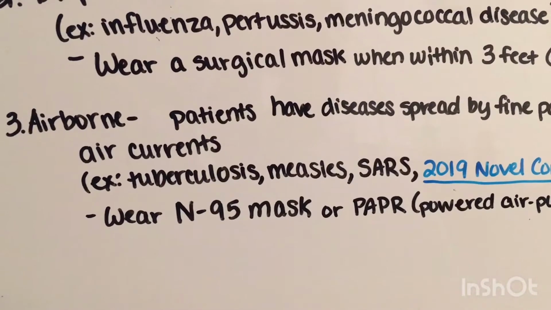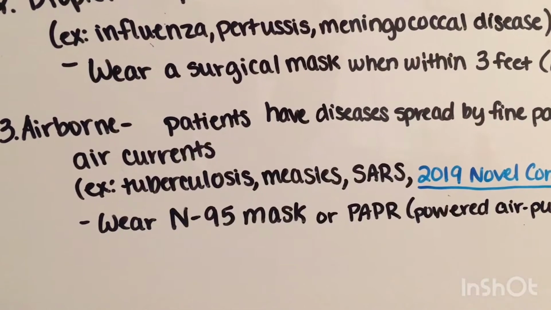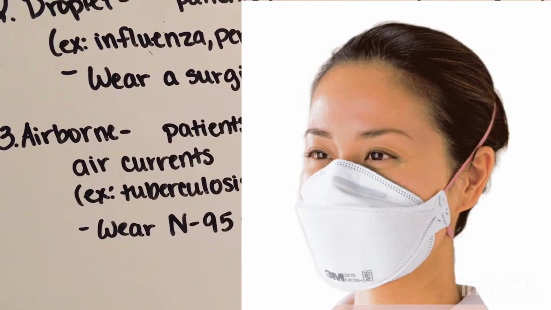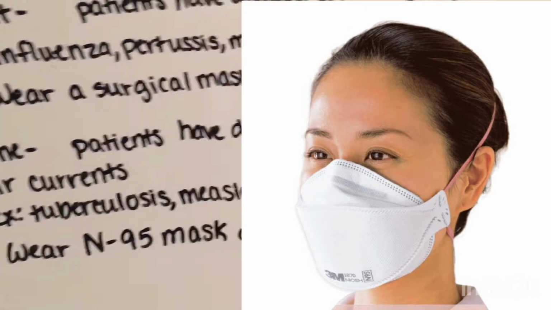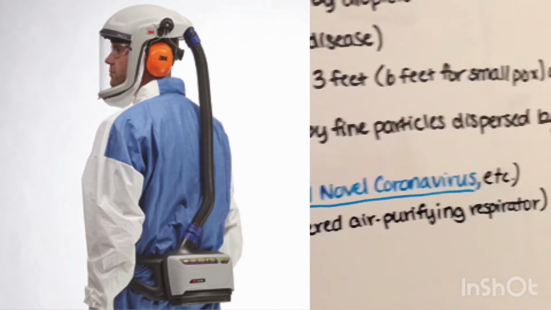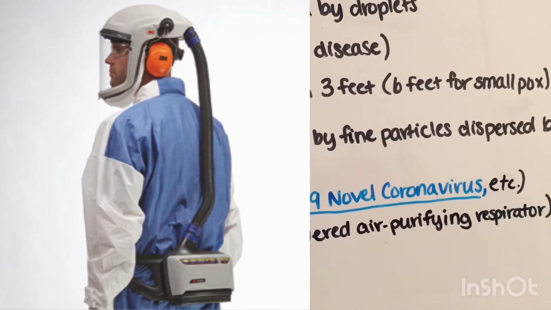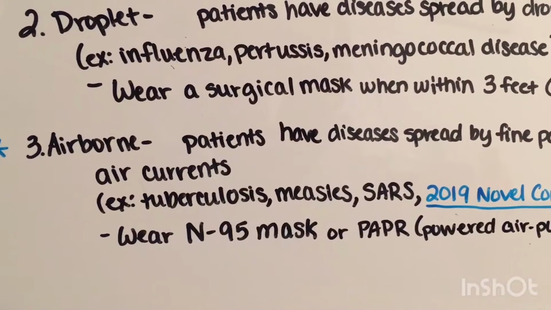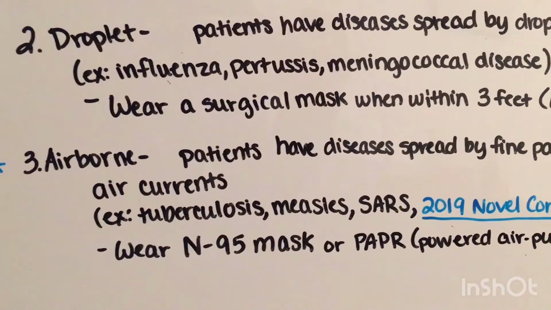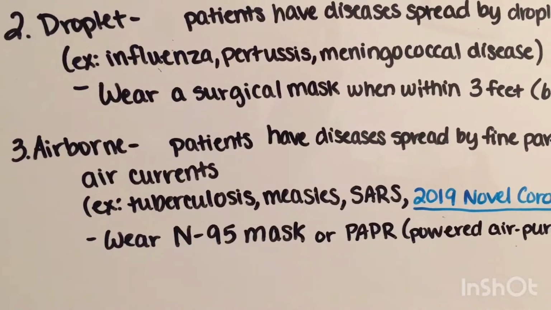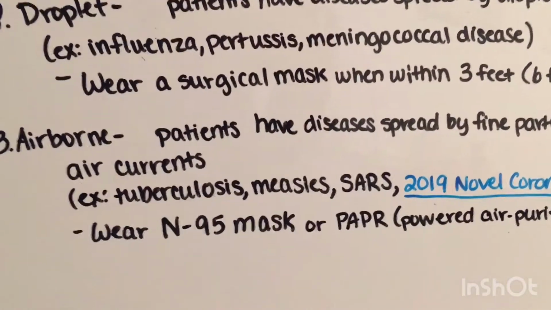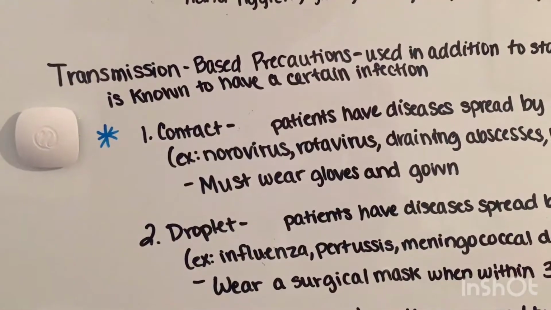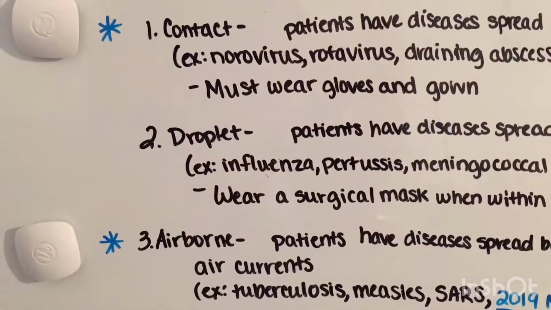The only way that you can actually protect yourself is when you wear an N95 mask or a PAPR, which is a powered air purifying respirator. And it is very easy to put it on wrong or take it off wrong, and then you can still get sick. So these are the 3 ways that you can transmit a disease.